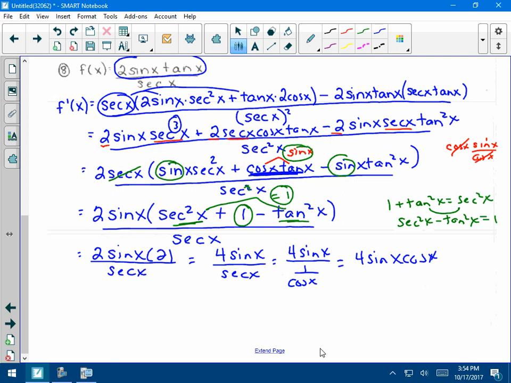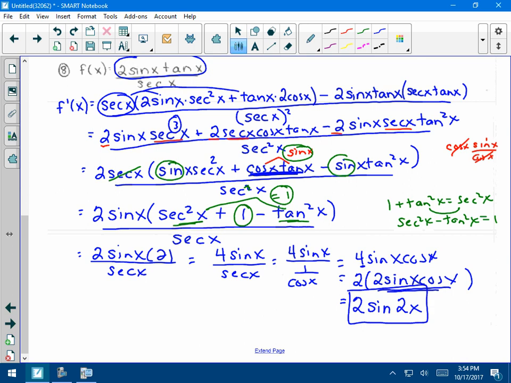Now you'd think I was done, but when I see sine x and cosine x next to each other with a factor of 2, what if I wrote this as 2 times 2 sine x cosine x? Does that make you think of anything? It's a double angle formula. So this is really 2 sine of 2x. How awful was that?